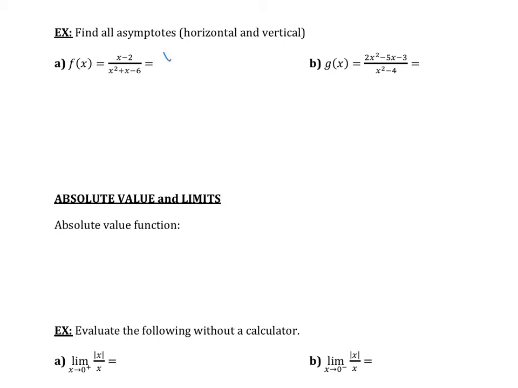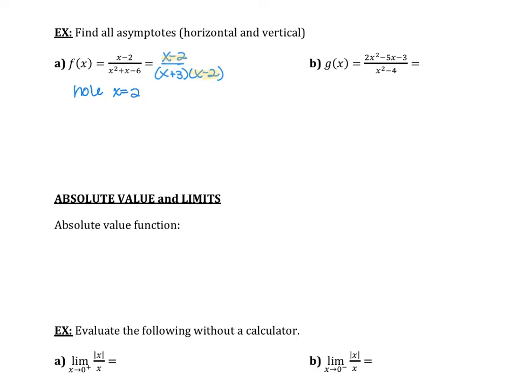And so we get x minus 2 over x minus 2 times x plus 3. Because these are both the same, we now have a hole when x equals 2. And so my reduced function is 1 over x plus 3, right?